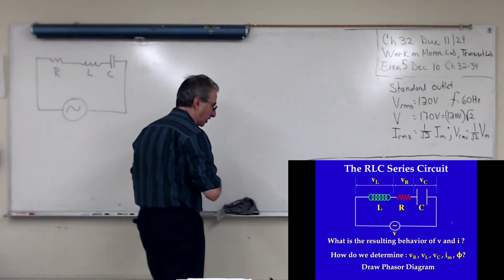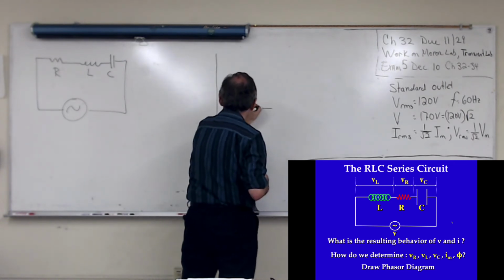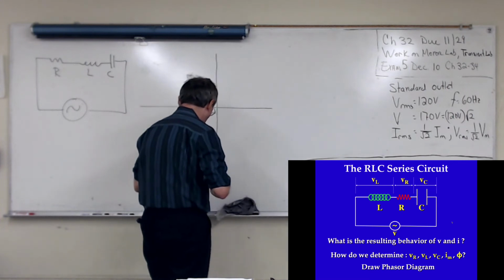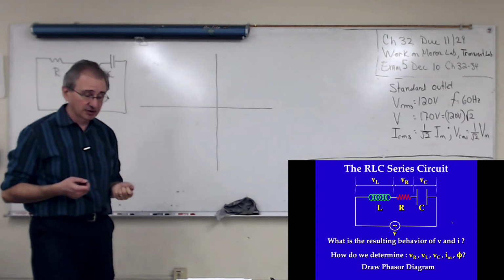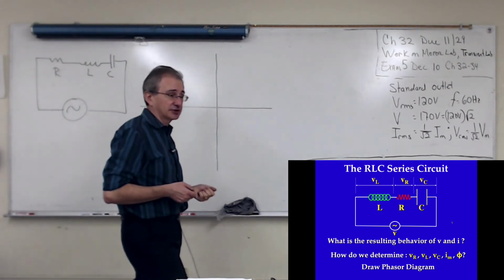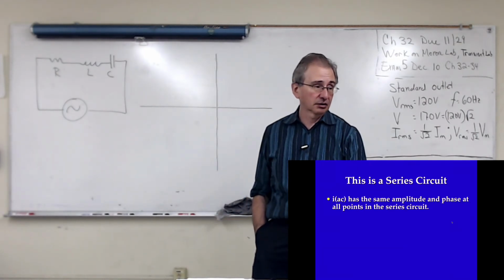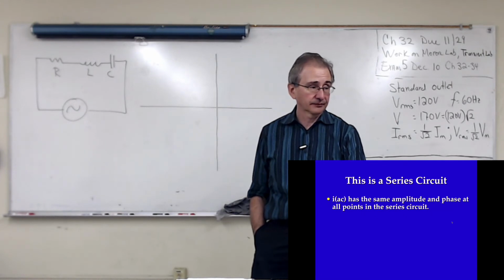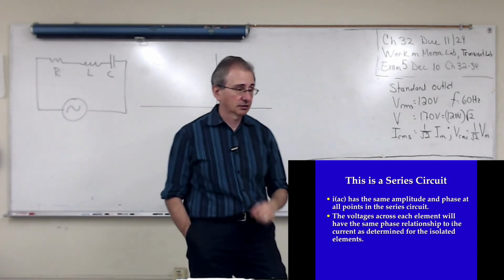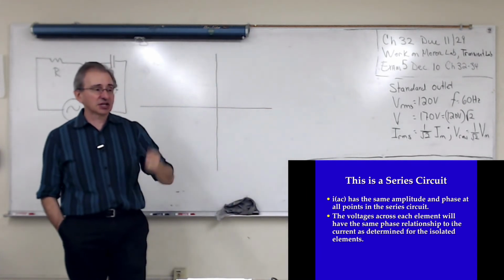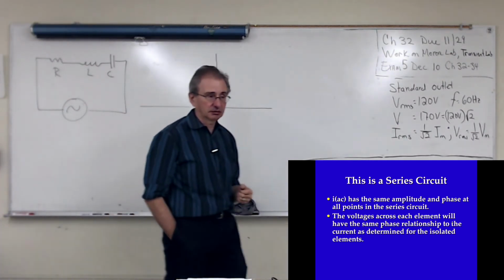Unfortunately, I don't have enough colors to draw my figure. I know that the current through each one of these elements is going to be the same. It's a series circuit, that has to be true. We have to conserve charge. The voltages across each element will have the same phase relationship to the current as the isolated elements. That has to be true too.